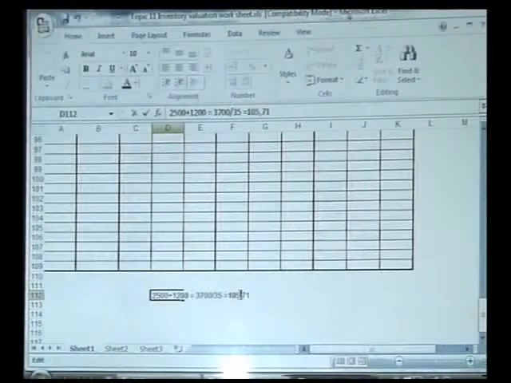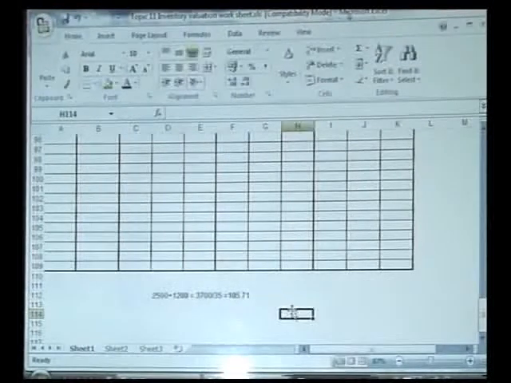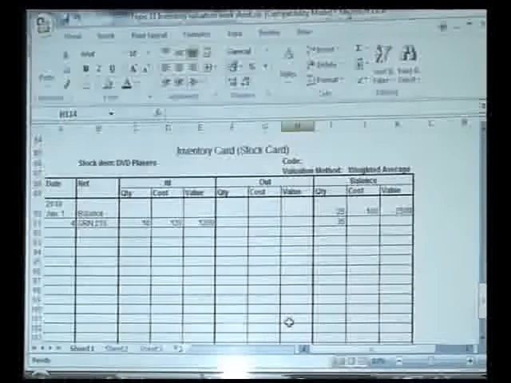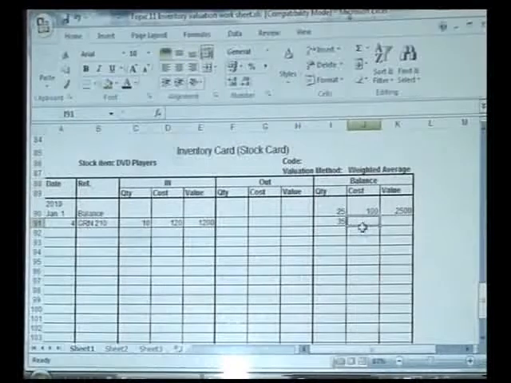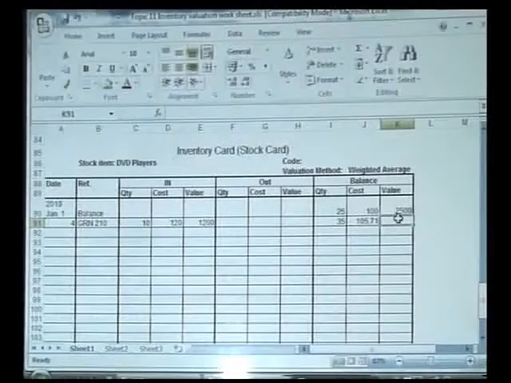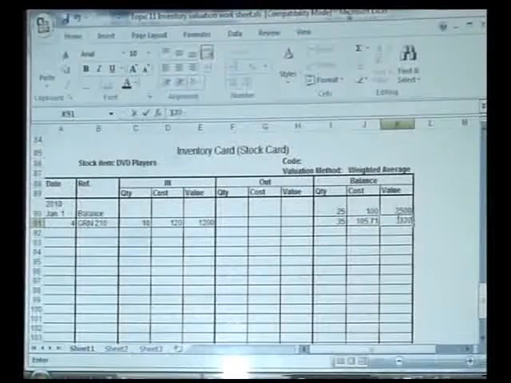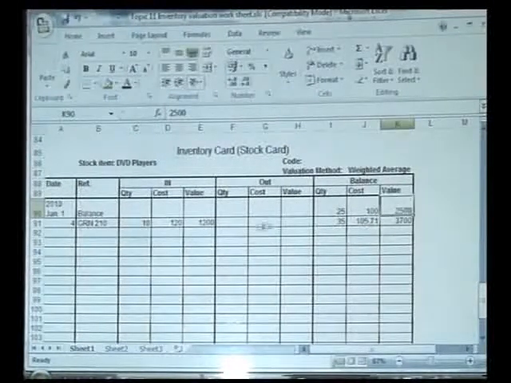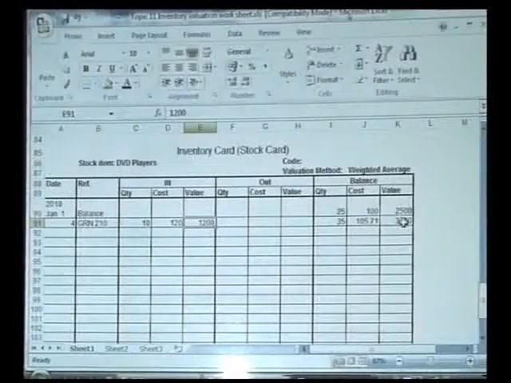So that's how you work out the average price, average cost or weighted average cost. So here 105.71, 3,700. Even if you add 2,500 and 1,200, you get the same total.